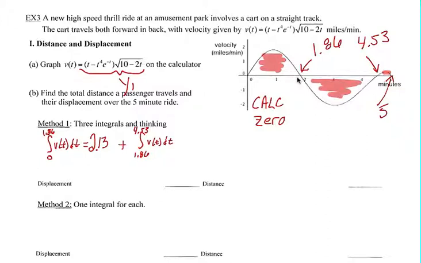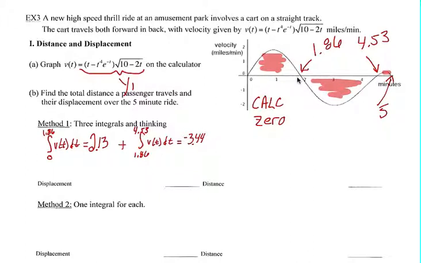We're writing this as v(t) dt. And again, pause the video, grab your graphing calculator, find that integral on your calculator, and if you've done it correctly, your calculator should tell you that that is negative 3.44. We're looking at the total distance, so the negative is irrelevant to us.